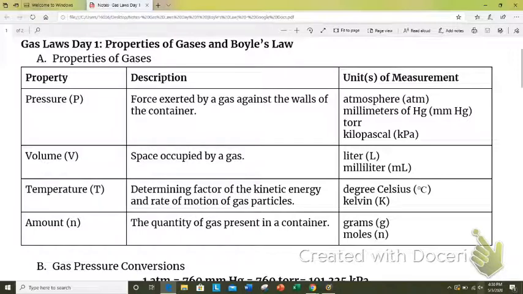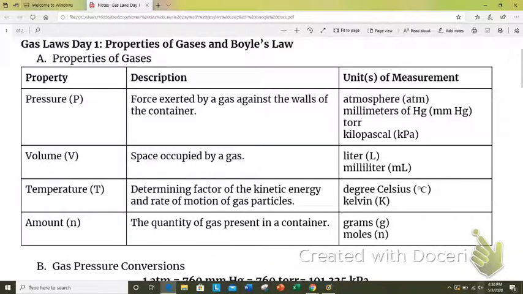We use torr, which is the equivalent of millimeters of mercury. It stands for a scientist named Torricelli. And the last one is the kilopascal, abbreviated kPa. If you do some hunting around, there are many other units out there, including, for example, the pascal. I try to limit it to just a couple that we use most often.